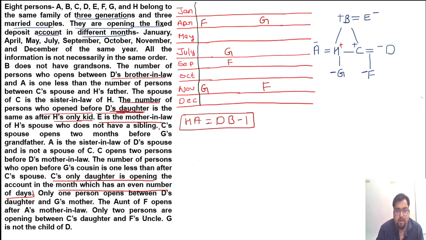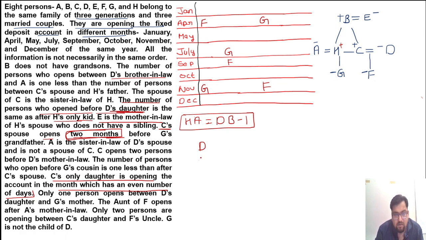Leave it, this is a family tree condition. C's spouse, that is D, opened 2 months before G's grandfather. Guys, focus, we are talking about the month. Who is the grandfather of G?